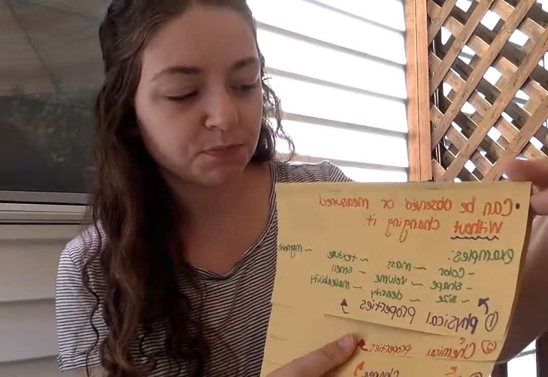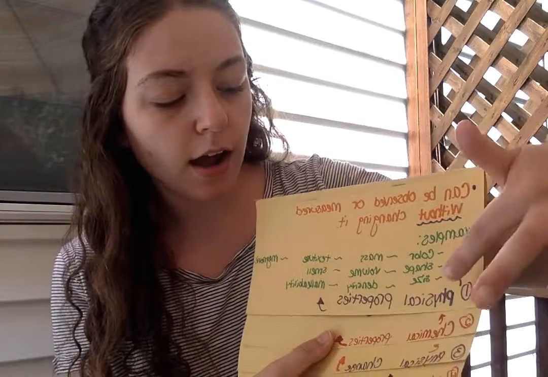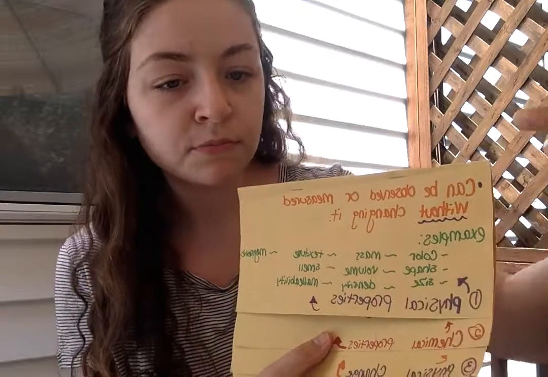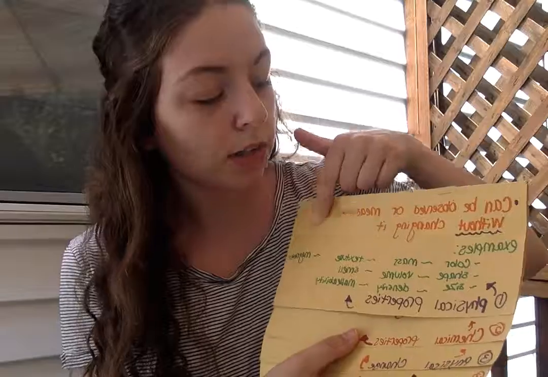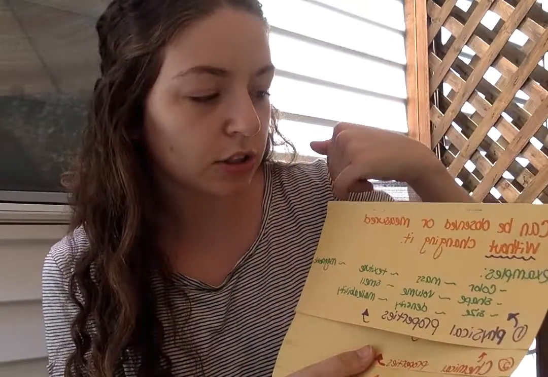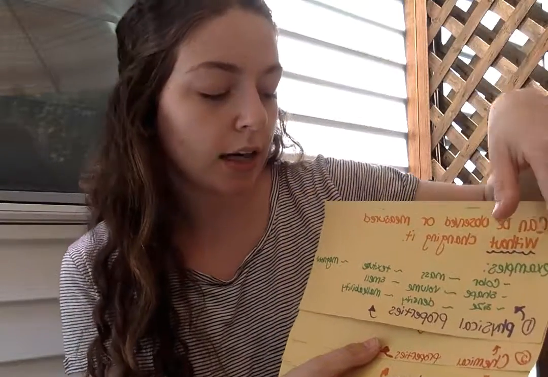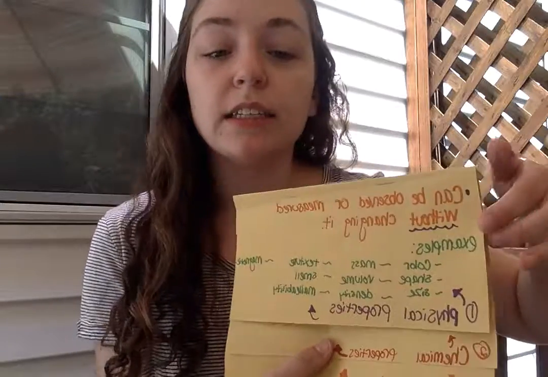And I decided that the book was a good one for this because you can easily write. I put physical, chemical at the bottom, and then I would write up top what the definition was and some examples. So physical properties can be observed or measured without changing it. Some examples are color, shape, size, mass, volume, density. I did that for each one.